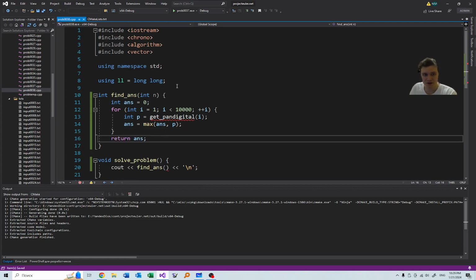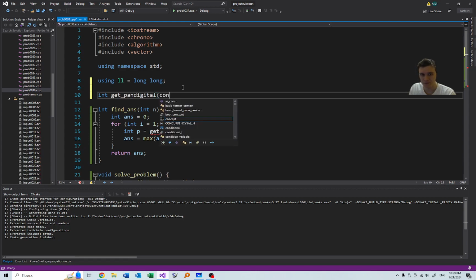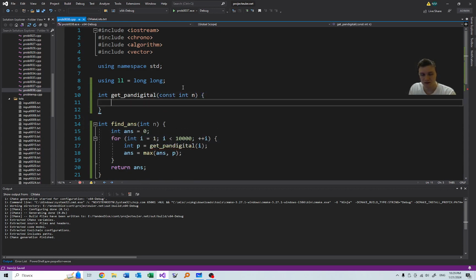So let's write the function get pan-digital. Okay, to do that, we need to do the following.